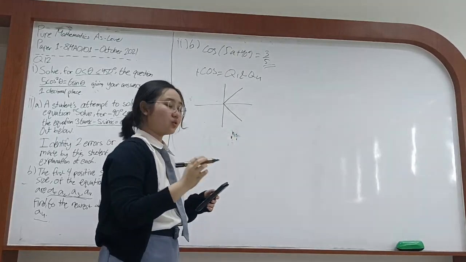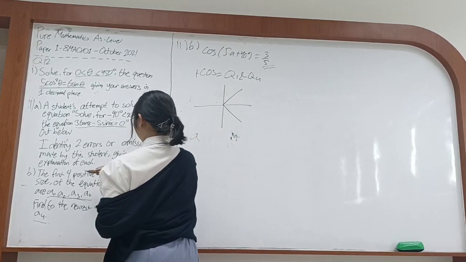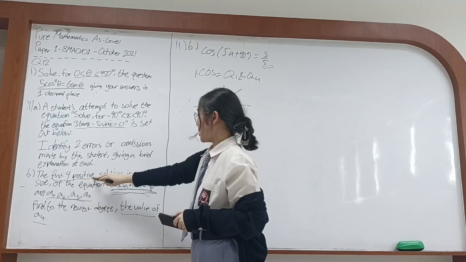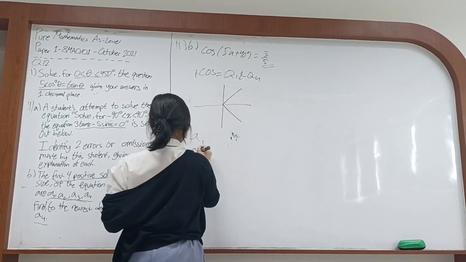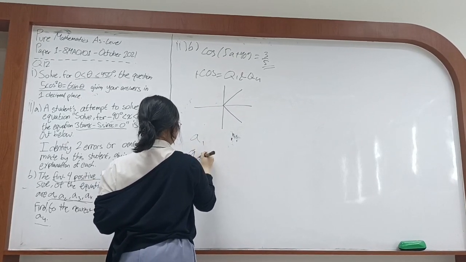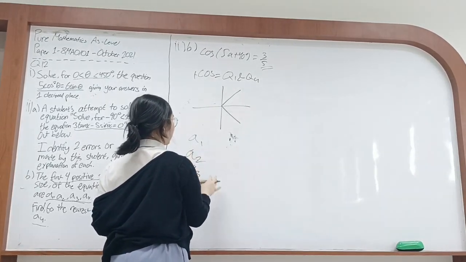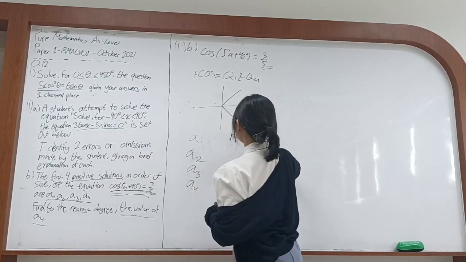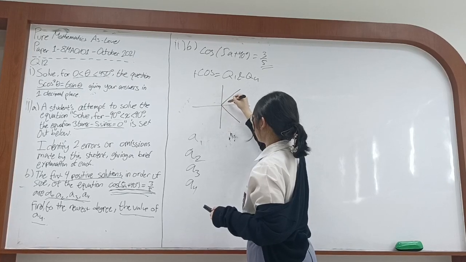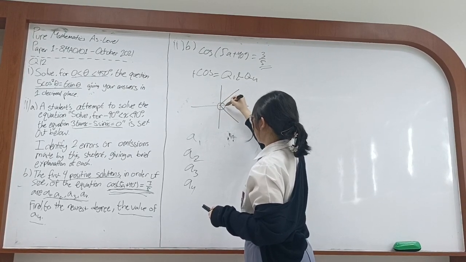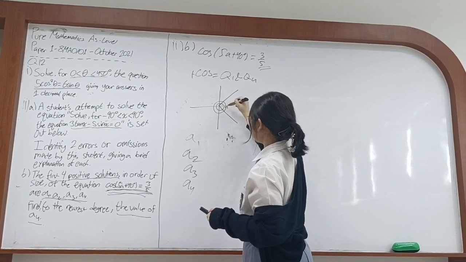And since we have been given the first four possible solutions, A1, A2, A3, A4, or you can refer to it as alpha, but it'll be easier with A, that means we have to find it not in just this one rotation, but also the second one.